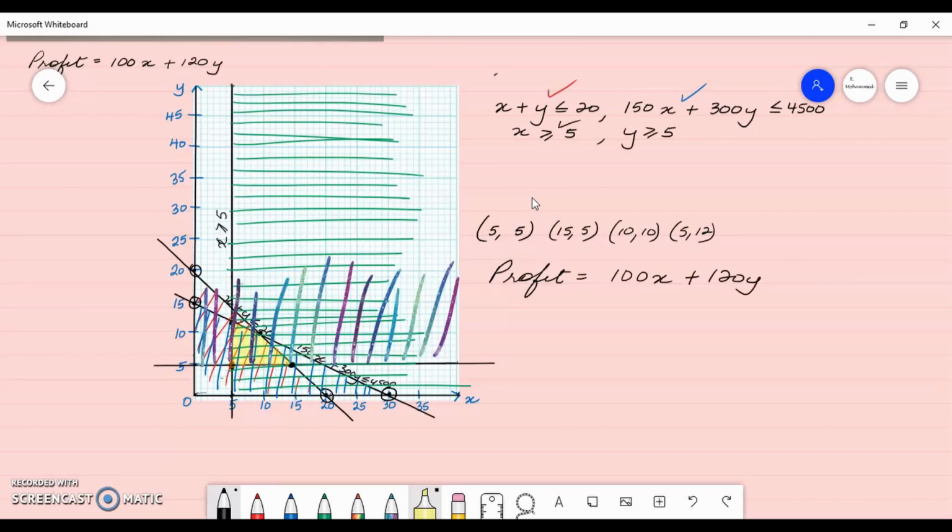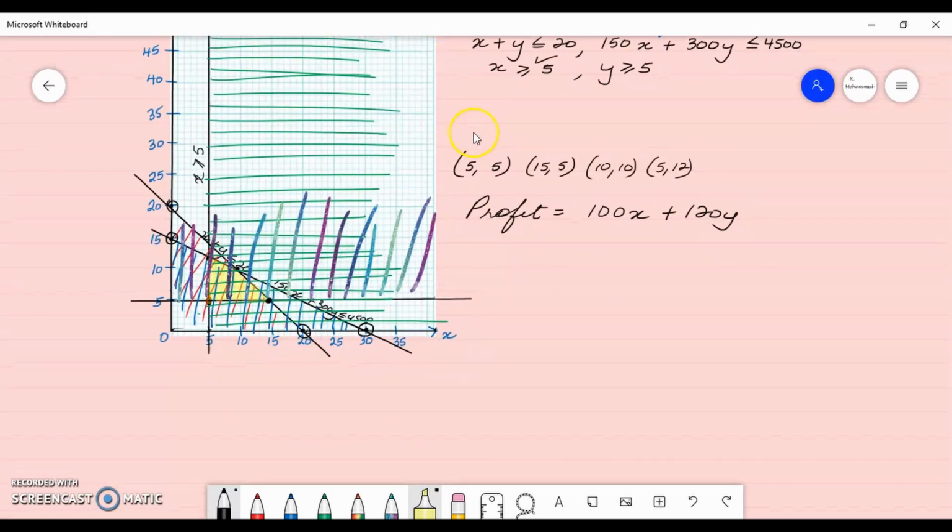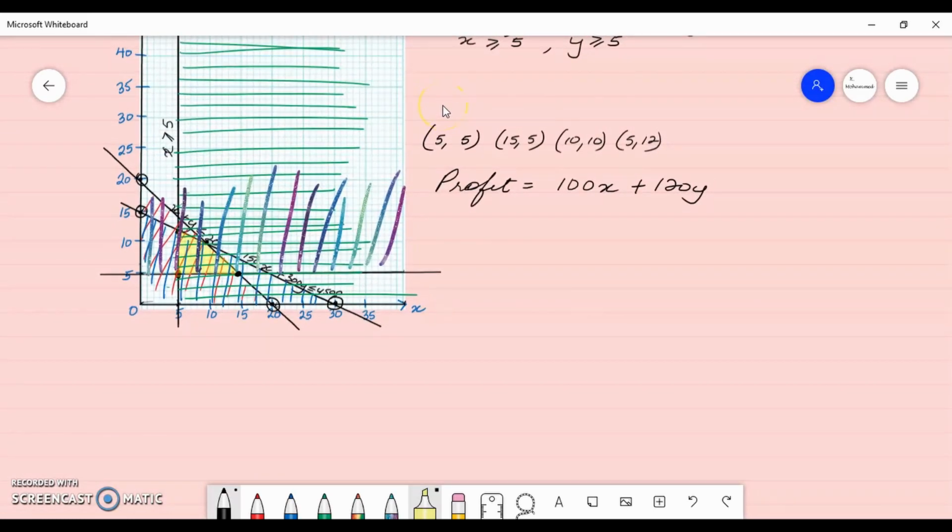And I am going to take each one of these points and substitute them into my profit equation here. I will work out the maximum possible profit he could get and how much of each item he must sell in order to get that maximum profit. I'm going to use this first pair of coordinates.